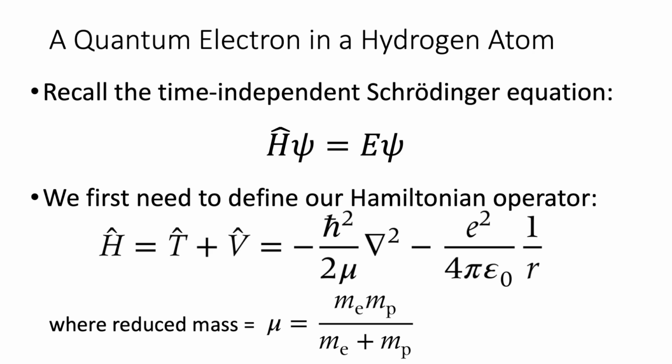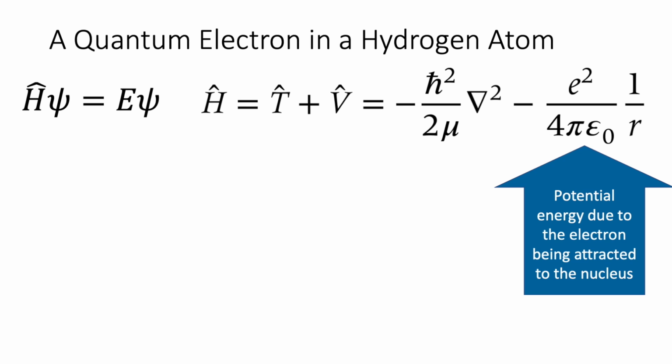It's trapped by a finite attractive force from a positively charged nucleus. And for hydrogen in this particular case, it could be just a single proton. All right, so we have the Hamiltonian defined thusly. And of course, as I mentioned, we have the potential energy due to the electron being attracted to the nucleus on the term on the right.